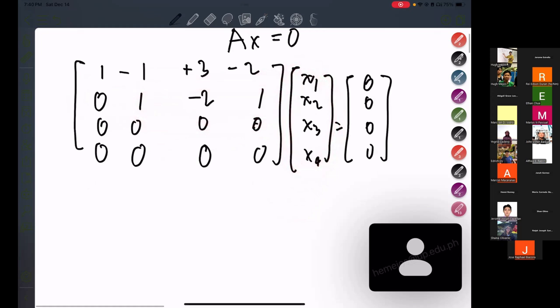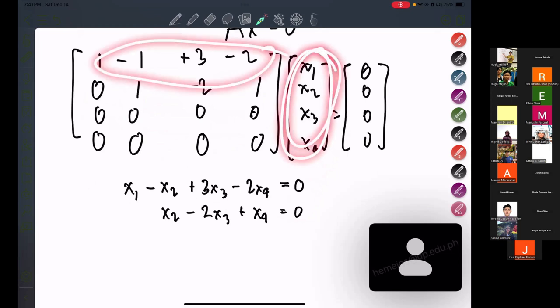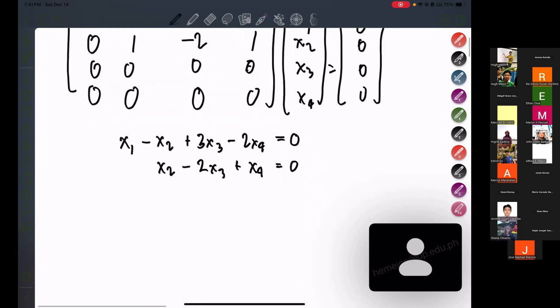So we have x1 minus x2 plus 3x3 minus 2x4 equals 0, and then x2 minus 2x3 plus x4 equals 0. Just to recap, it's this multiplied by this, and this multiplied by this. It's just matrix multiplication.